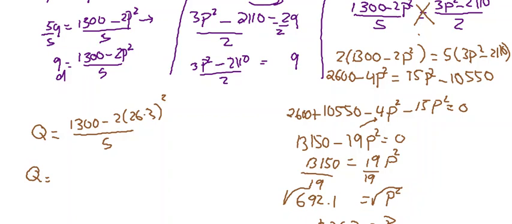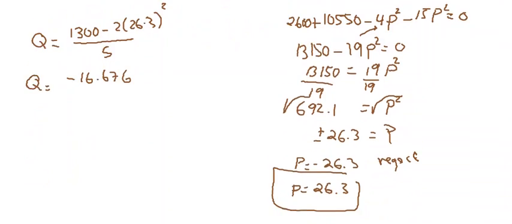So the quantity will be minus 0.67, which is impossible. We cannot say that the quantity is negative.